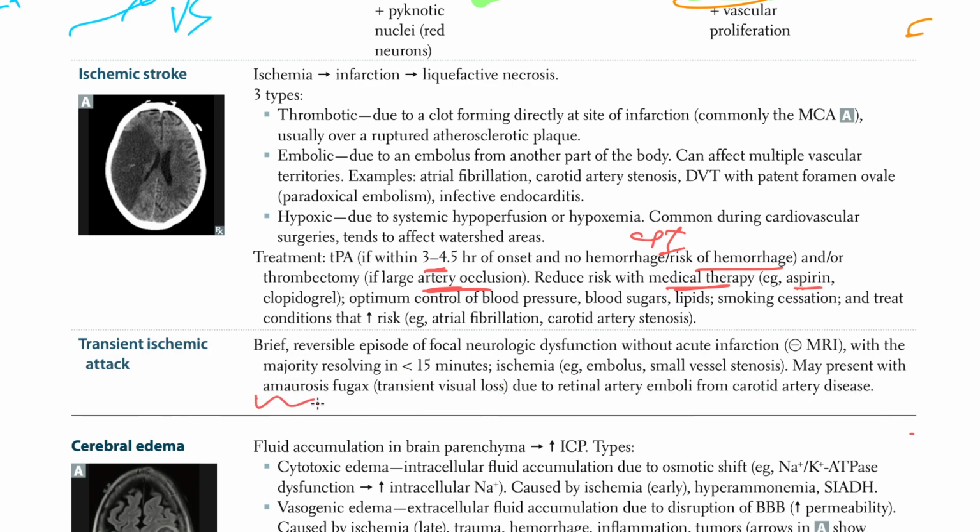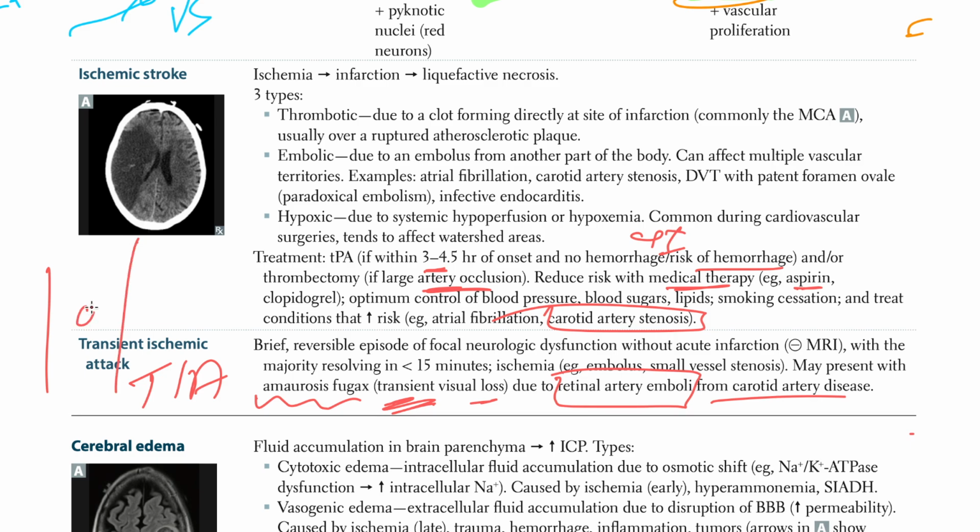High yield is amaurosis fugax. It is a transient visual loss with the TIA. Again, why did this happen? Because of retinal artery emboli from the carotid artery disease. So you already have a predisposing factor, which is the carotid artery disease.